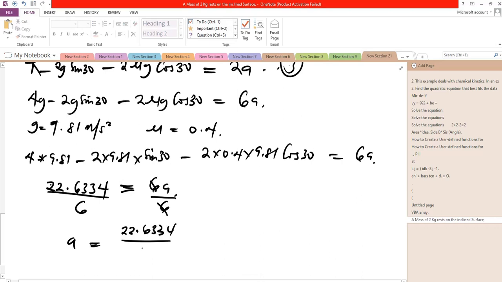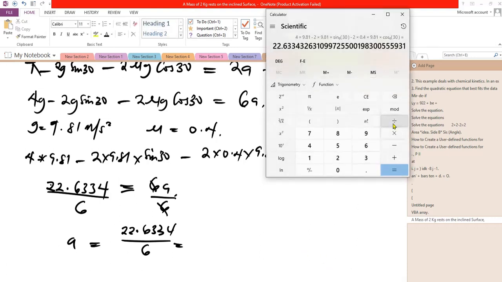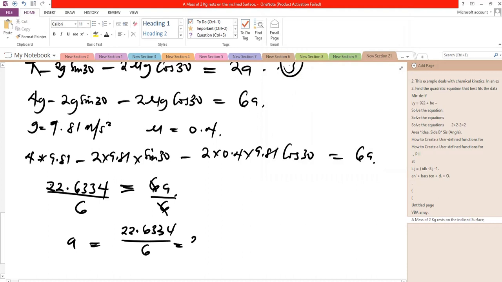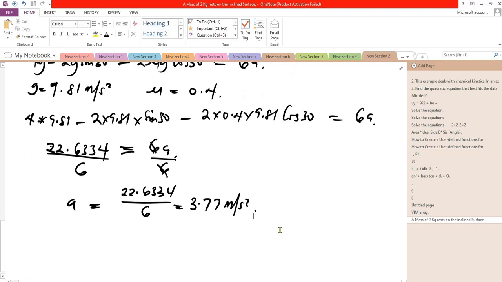This will give us 3.77 meters per second square. So that is the answer for that.